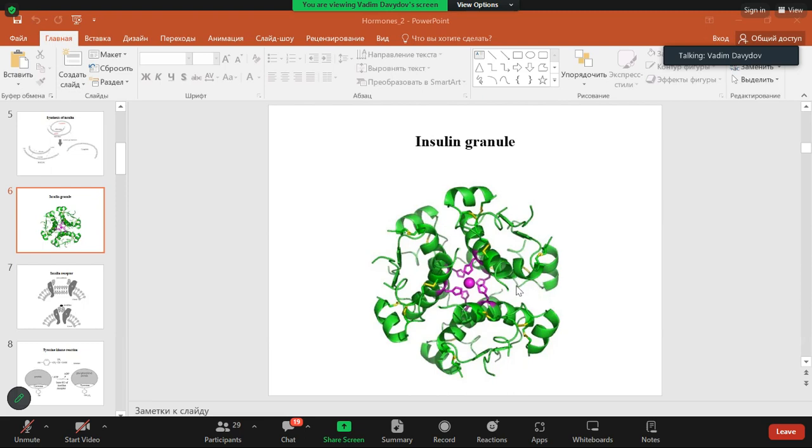And please note, insulinase takes part not only in clearance of insulin. This enzyme may take part in the catabolism of glucagon and other peptide hormones. So now let's return to the target of insulin. Insulin is a hormone.